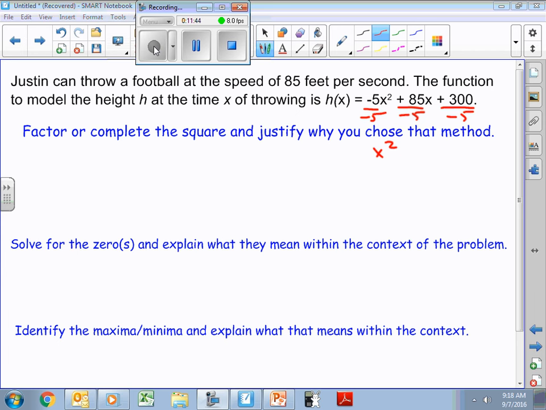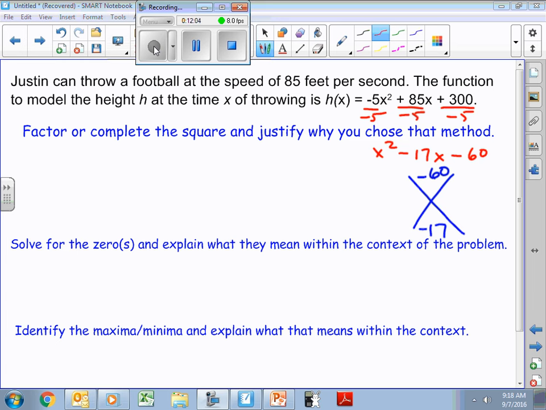Somebody say that middle number, please. 17. And the last one. Okay. What are the two numbers in there now?